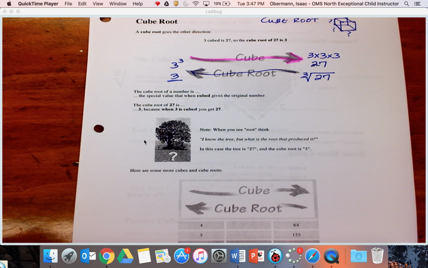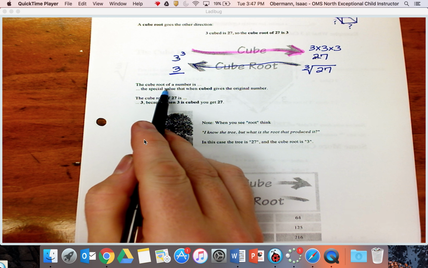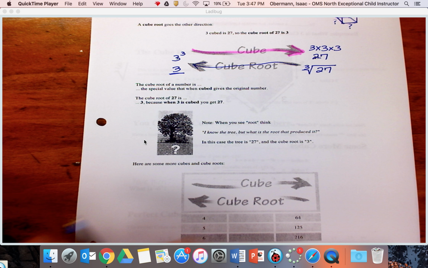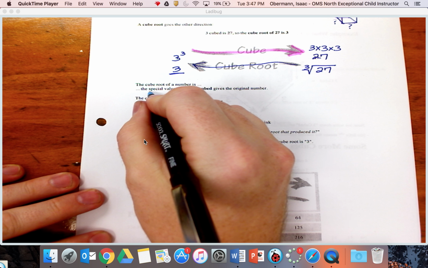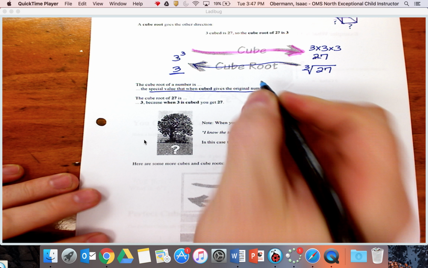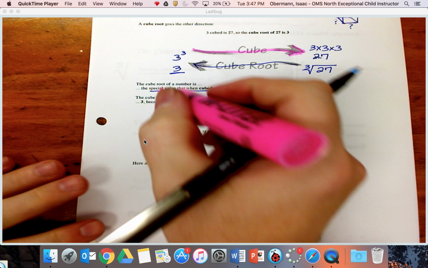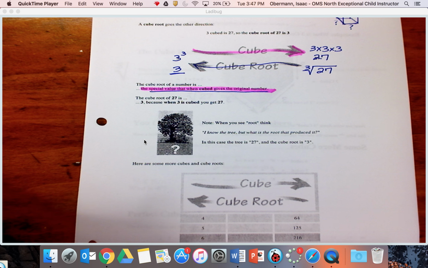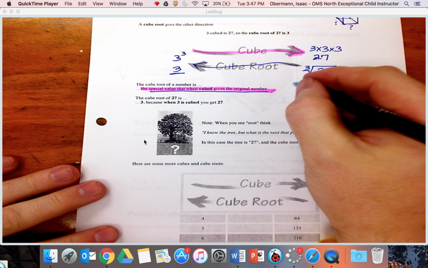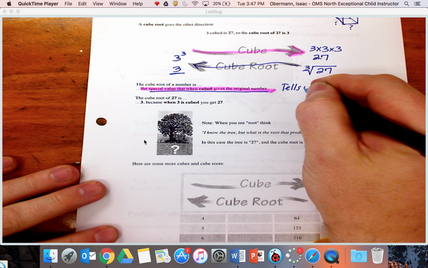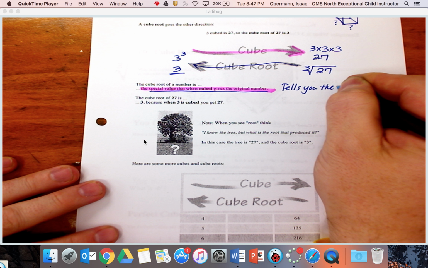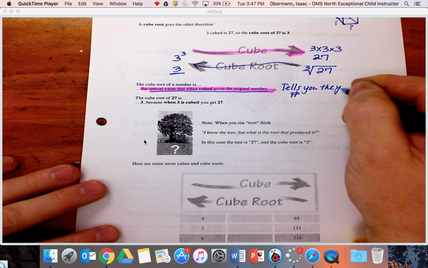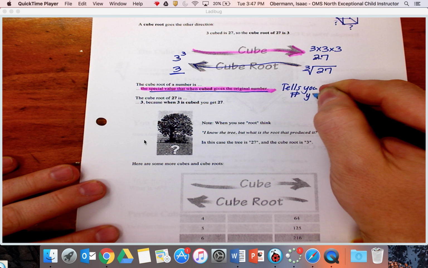The thing we want to say is that a cube root of a number is basically a special value that when cubed gives the original number. But what does that mean? Basically, when you take a cube root, it tells you the number you cubed.